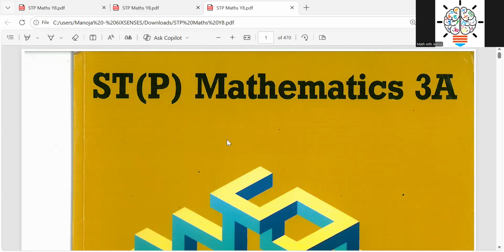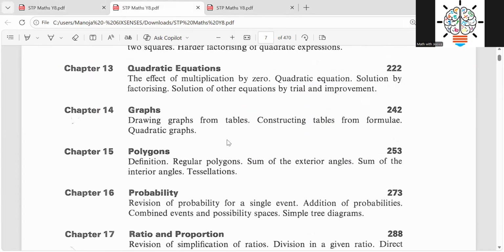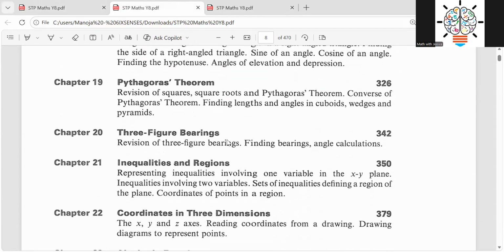So normally in grade 6 and 7, I started the chapter-wise revision discussion from unit 1. But considering many of your requests, I thought to start your chapter-wise discussion from chapter 11. You can see chapter 11, 12, 13 and chapter 23.